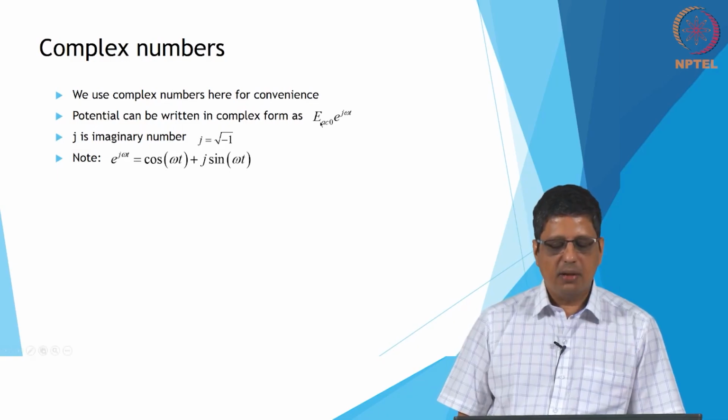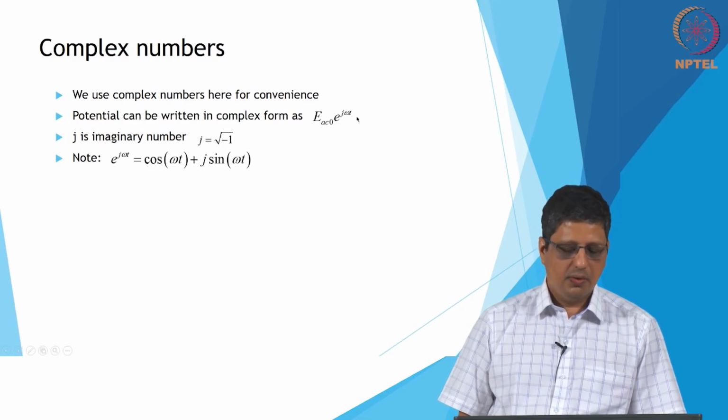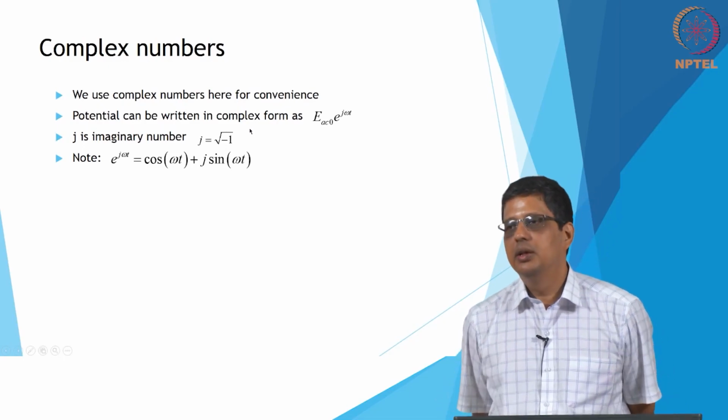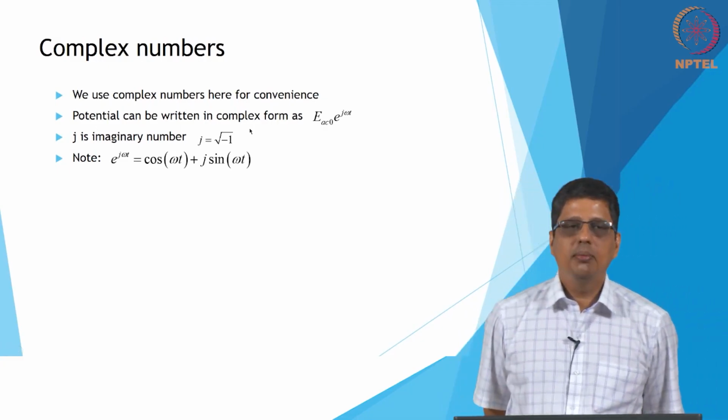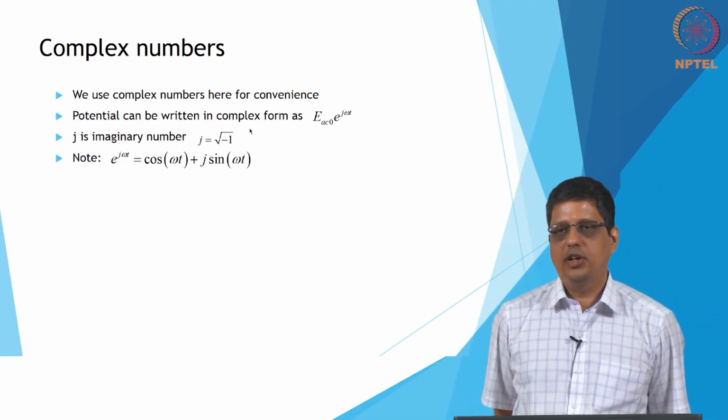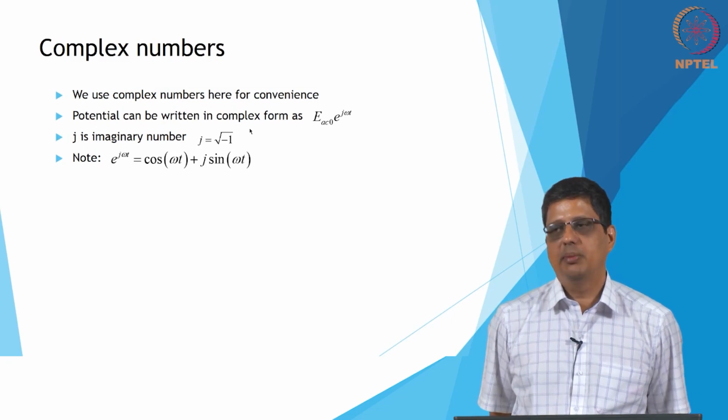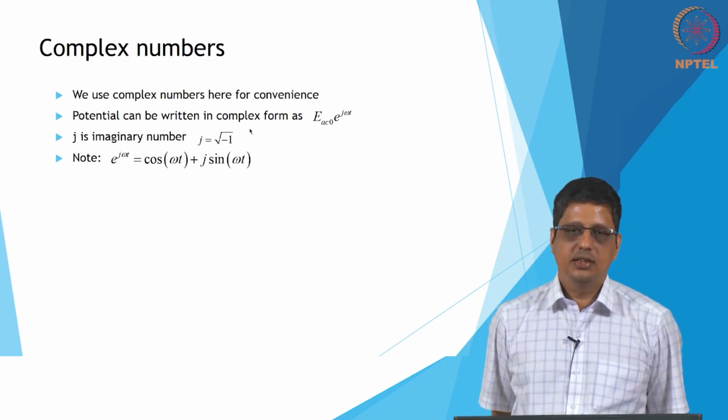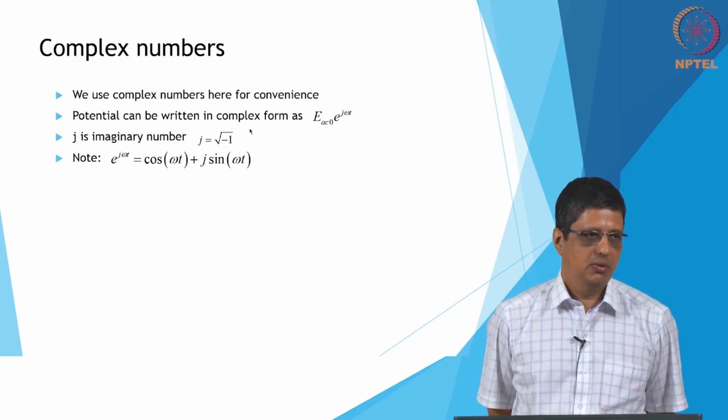Potential, we can write it in the complex form as E_AC0 e power j omega t, where j is given as square root of -1. It is an imaginary number, and normally I is reserved for current density in electrochemical impedance spectroscopy. I is reserved for current in an electrical circuit.